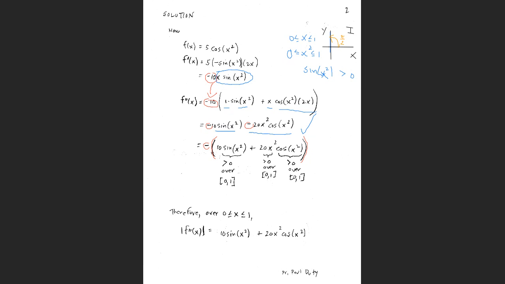Well, pi over 2 is 90 degrees, and pi over 2 is 3.14 divided by 2, which is about 1.57.